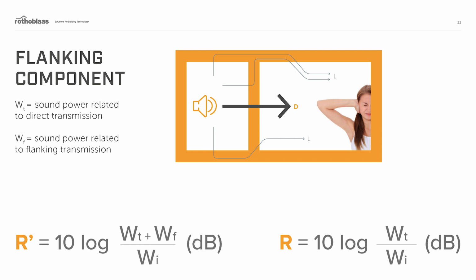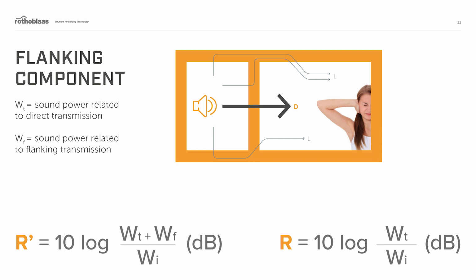The acoustic performance of a partition tested in a laboratory is characterized only by the direct transmission, D, and is expressed by the sound reduction index, R, or transmission loss, TL. However, the acoustic performance of a partition measured in situ is characterized by the direct transmission, D, and the flanking transmission, L. In the slide, you can see 3 possible paths for flanking transmission.